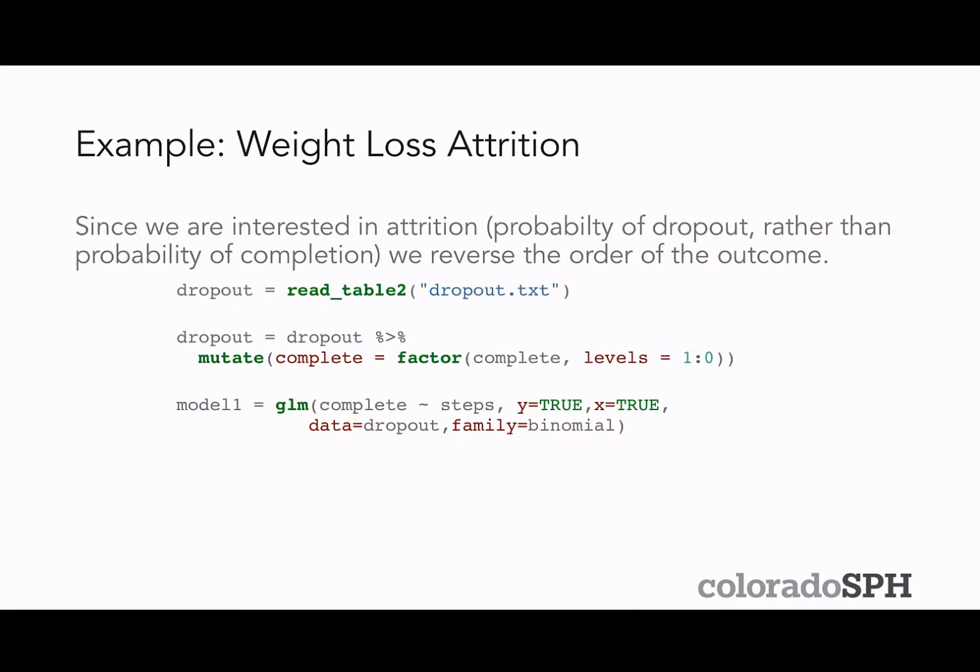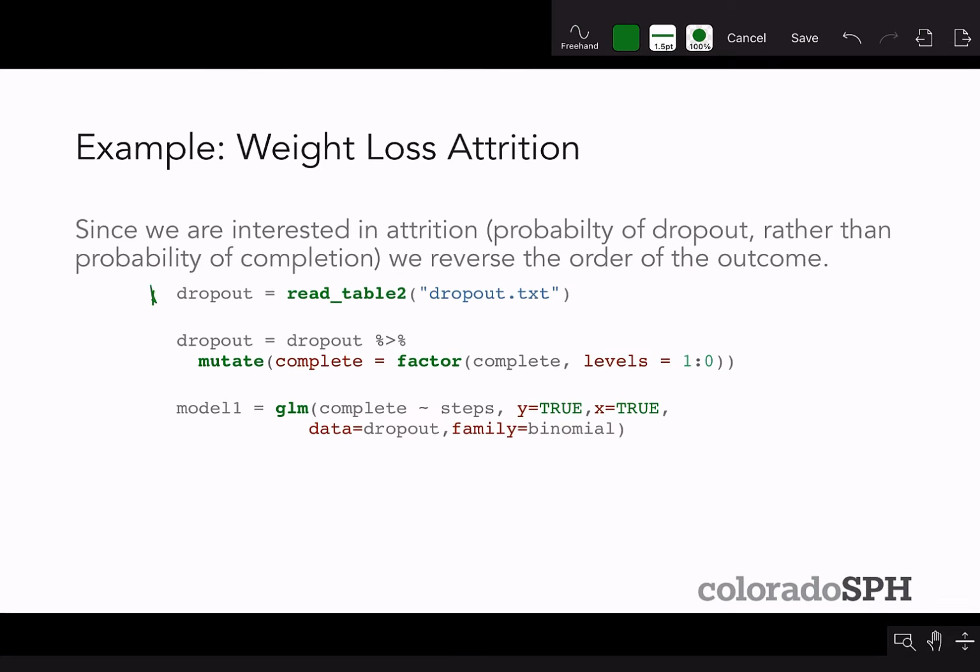Since we're interested in attrition, which is the probability of dropout, rather than the probability of completion, after we load the data we're going to refactor it so that completion is the reference category and dropout is the primary category of interest. And we're going to run a model with steps as a predictor because I want to look for potential outliers and influential points in this model.